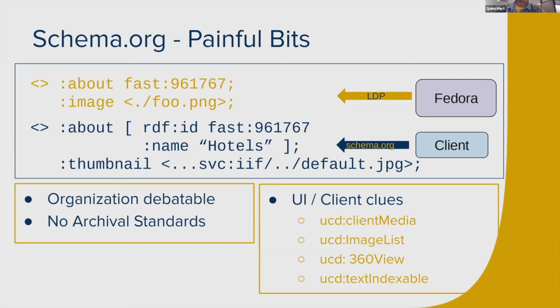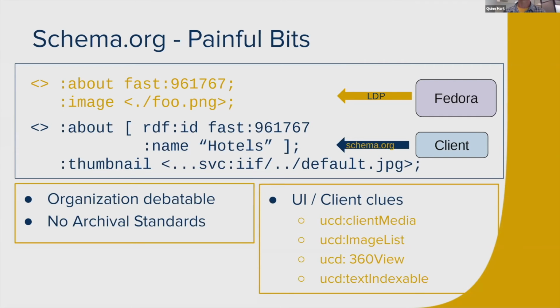In schema.org, there's not a lot of archival metadata in there. And the other thing that we found is that when we're actually trying to build the user interface, the description of the artifacts themselves is good for maintaining an archival record, but there are lots of things that are missing when you want to build a nice rich user experience.